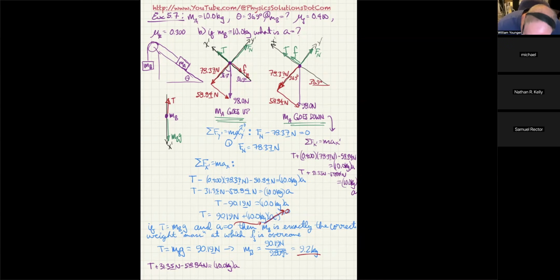Let me write this in red. Again, let a go to zero and set T equal to mB times g.